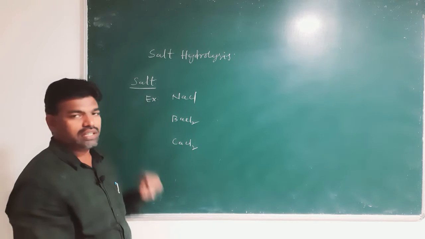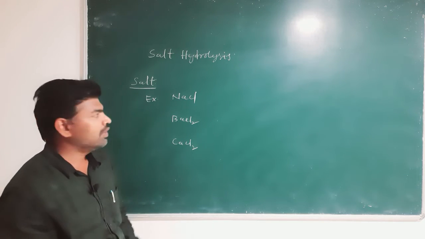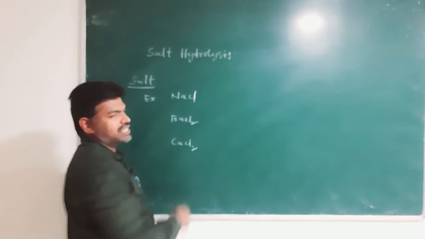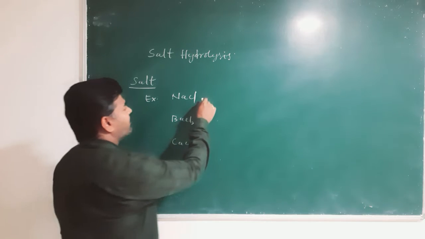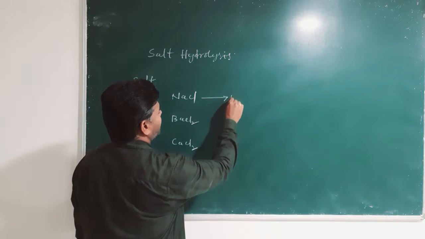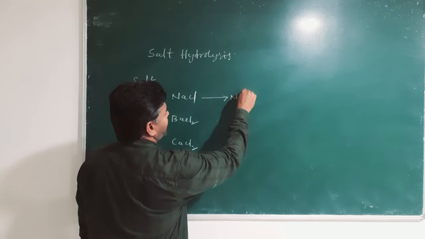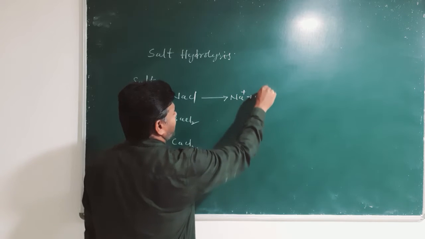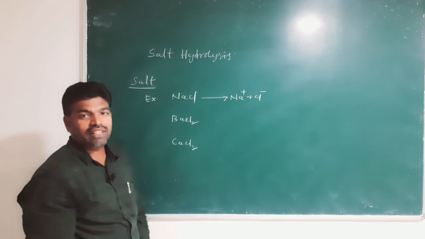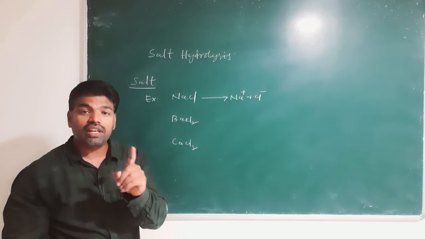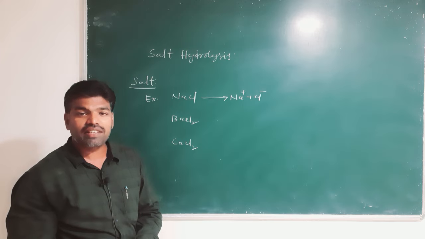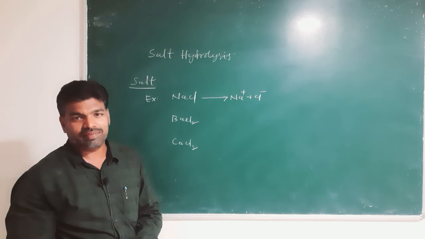All these are salts. Why? Because on its first ionization, for example, sodium chloride releases Na plus and Cl minus ions. That is, in its first ionization it does not release either H plus ions or OH minus ions.